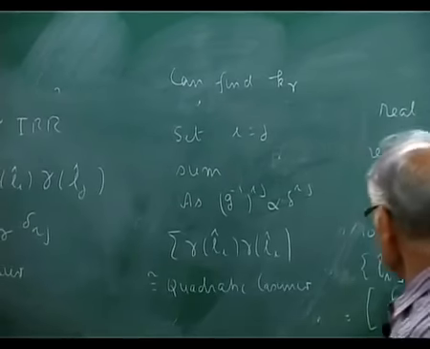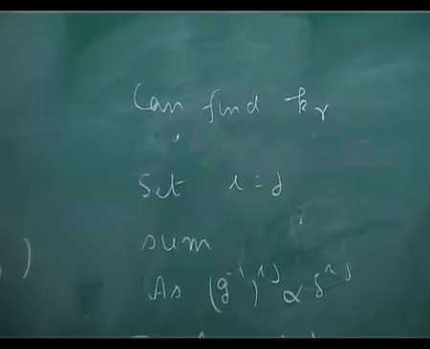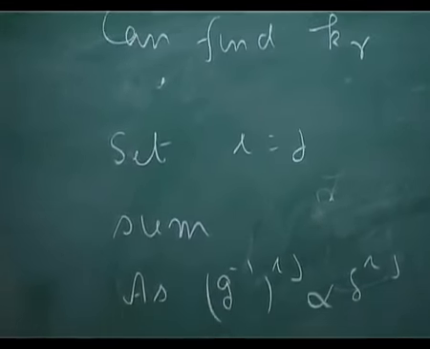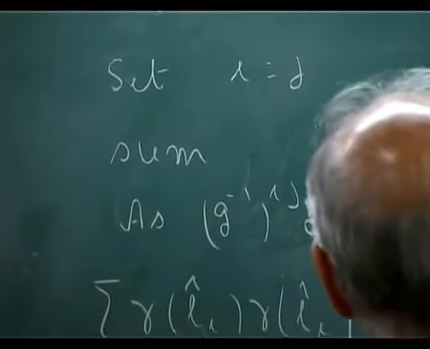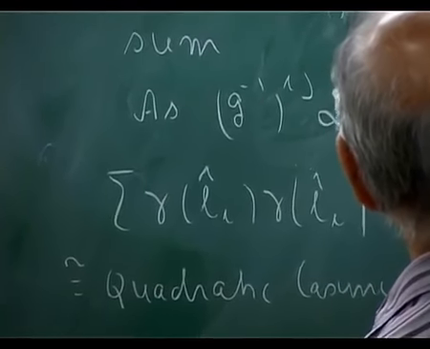Because otherwise I would have put a G inverse, but G is 1. So this is equal to some quadratic Casimir in the representation gamma times the unit matrix.